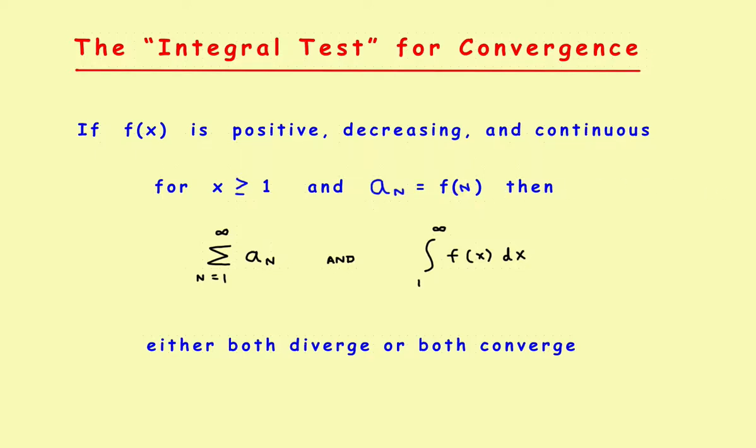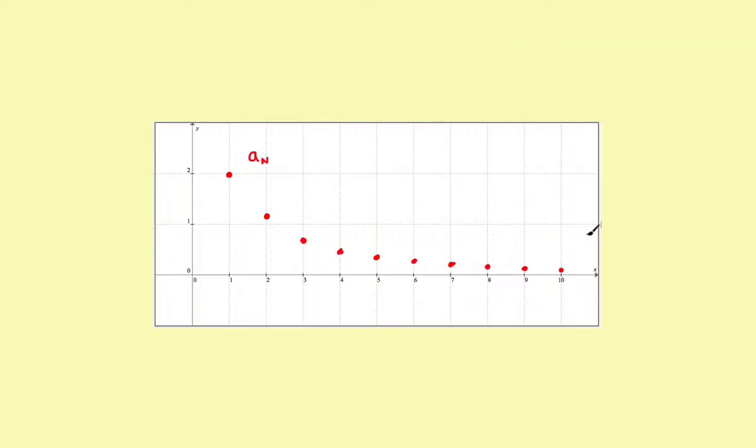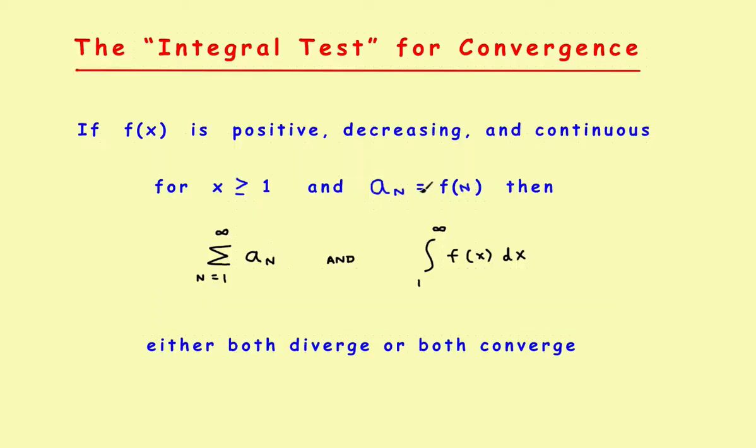Graphically, let's see what that would look like. If the red dots represent the sequence, then this blue line is going to represent the function. This will be some continuous function f of x that goes through those red dots. As long as the blue line agrees with the red dots, that's what this statement says. So now you've got a function that models the sequence.